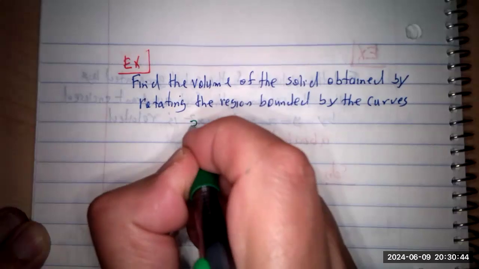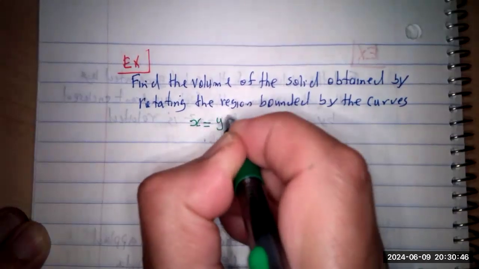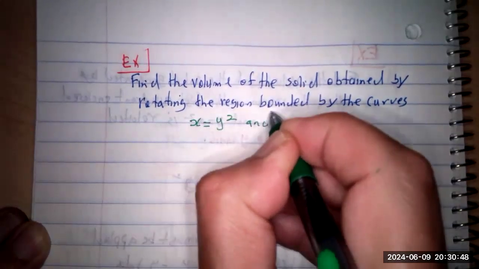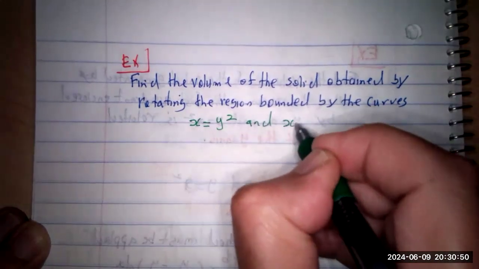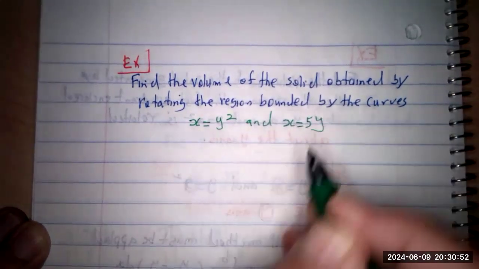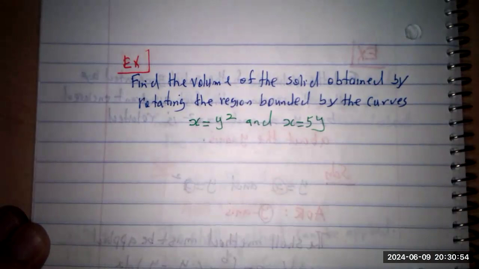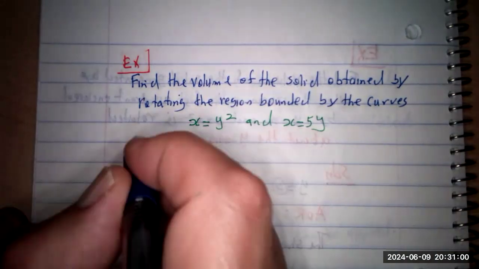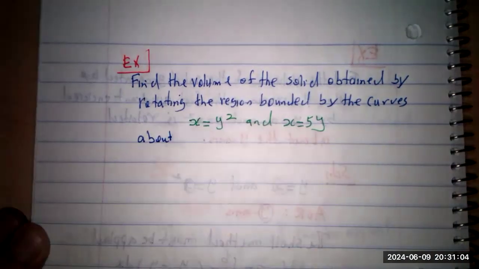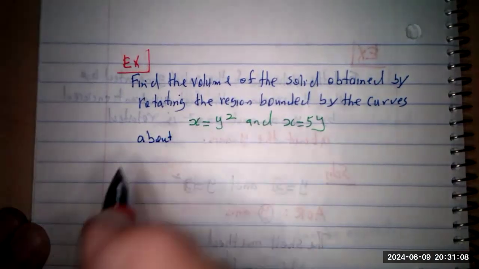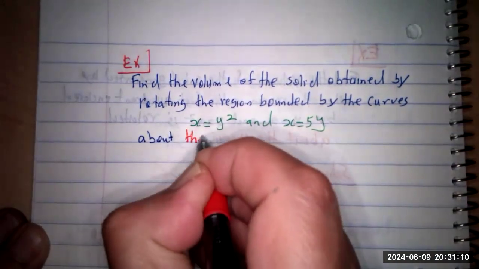What are the curves? The curves are x equals y squared, and the other one is x equals 5. So the region is going to be bounded by these two, about the y-axis. Okay, that's important, about the y-axis.